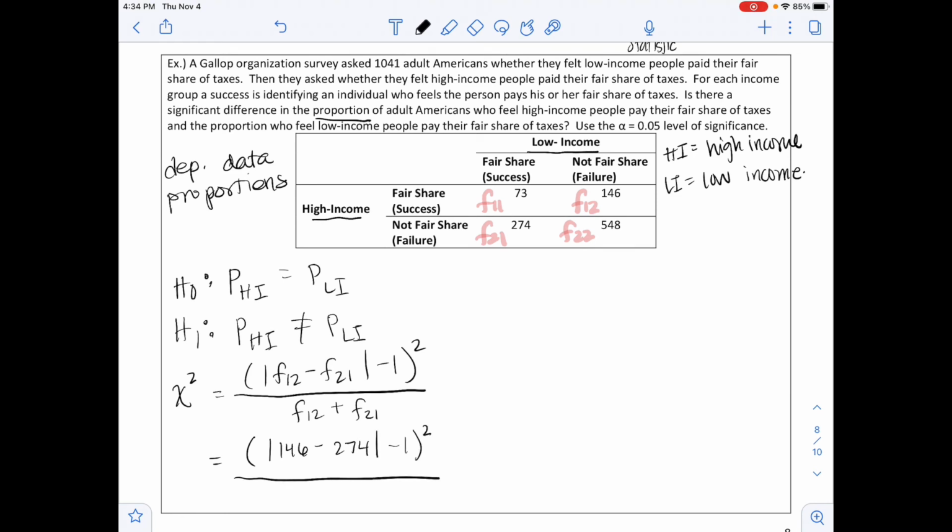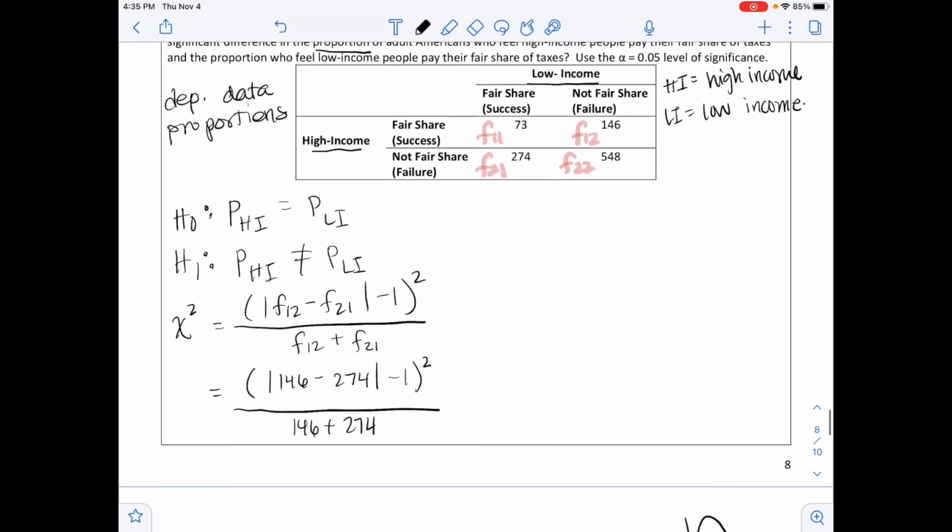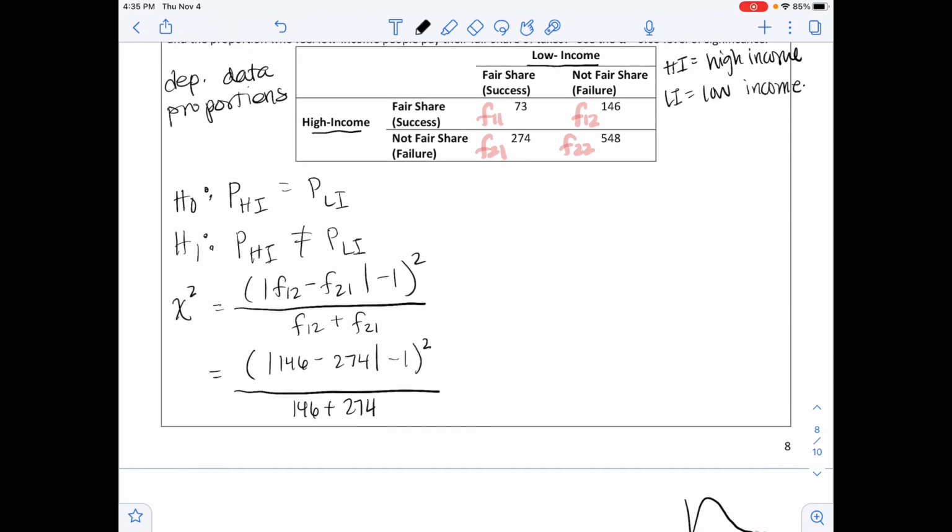Squaring that, and then the sum goes in the denominator, so we're going to have 146 plus 274. Subtracting 146 and 274, we do get a negative answer. However, you're going to make sure that that becomes positive with those absolute values. Subtract 1 from it, square it, and then divide by that denominator. I'm going to go ahead and round to 3 decimal places. So we get 38.402.